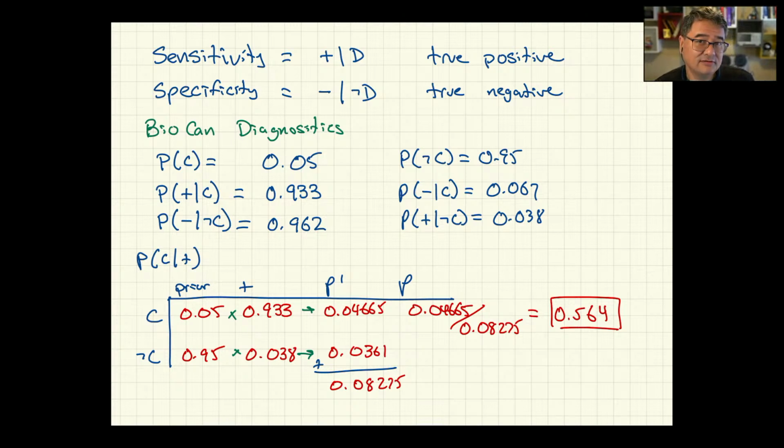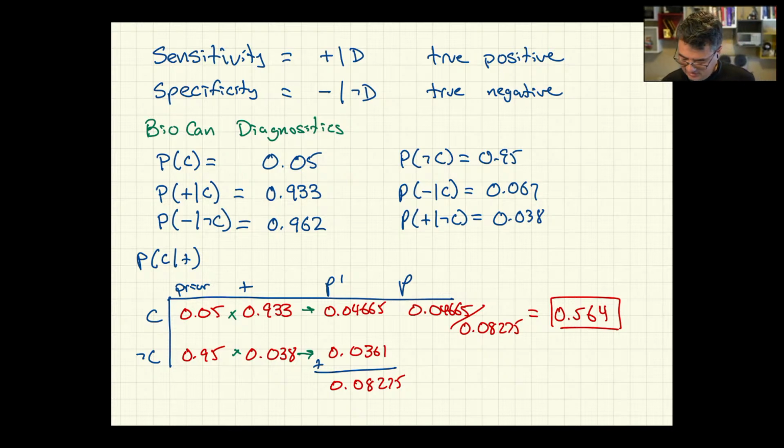And your chances based upon a positive result are really not much better than flipping a coin. So you could literally just find a quarter, flip it. If it comes up heads, you have coronavirus, and if it comes up tails, you don't. And you would have saved yourself almost $200.